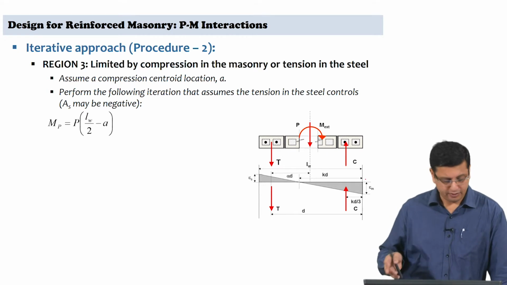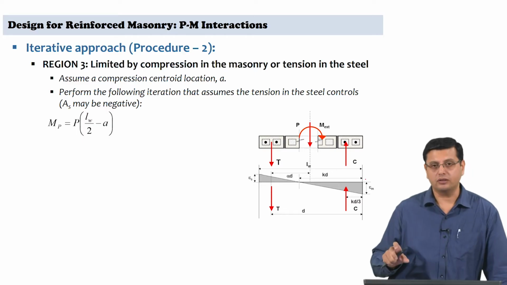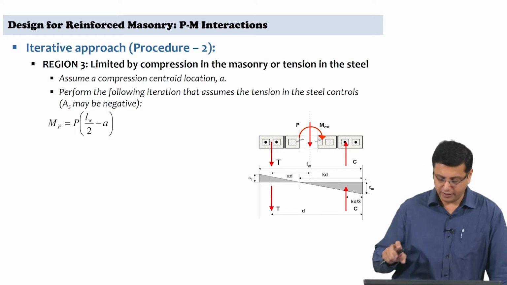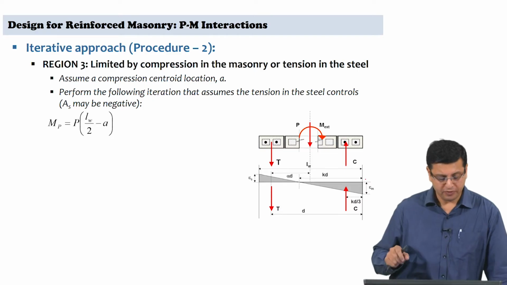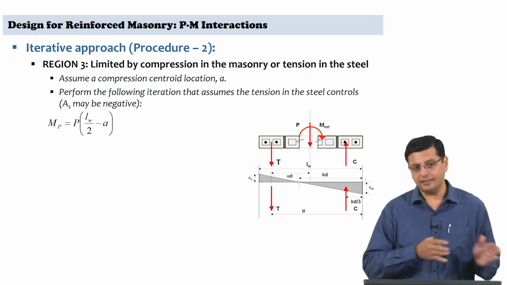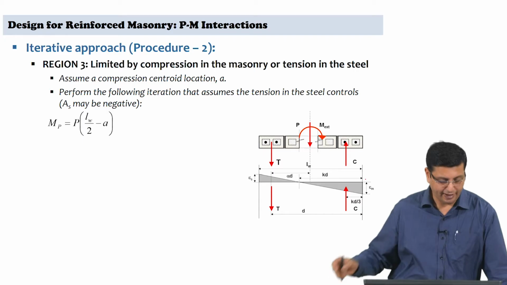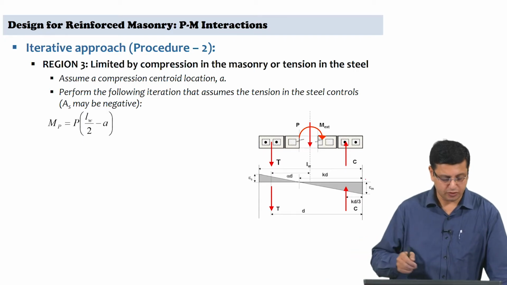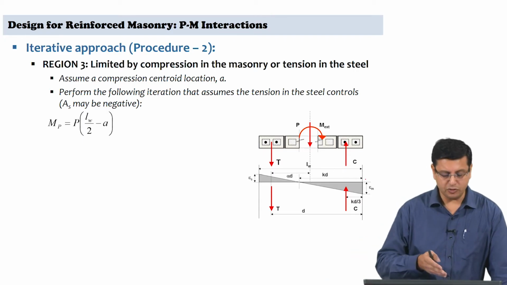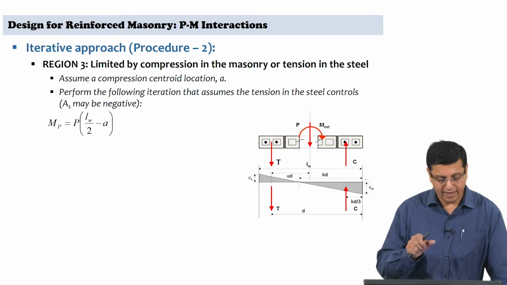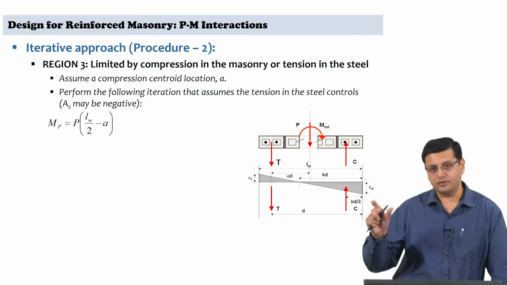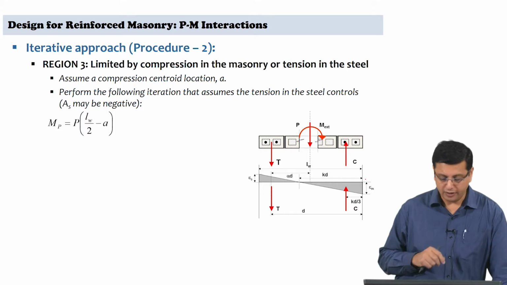Here you are going to be estimating the moment acting on the wall, which is due to the cracking of the wall and the eccentricity caused because of the cracking. So, P into (LW by 2 minus A), where A is the location of the centroid of compression that you have now assumed.